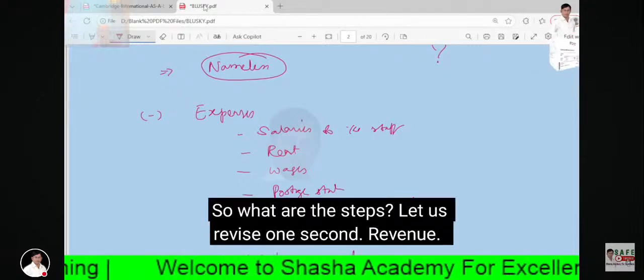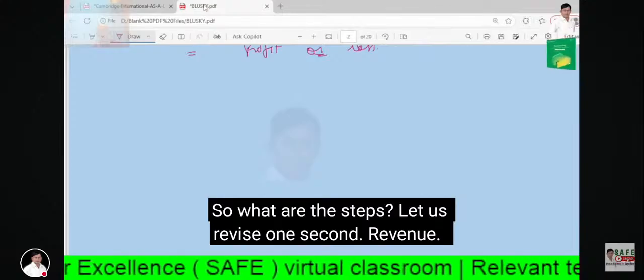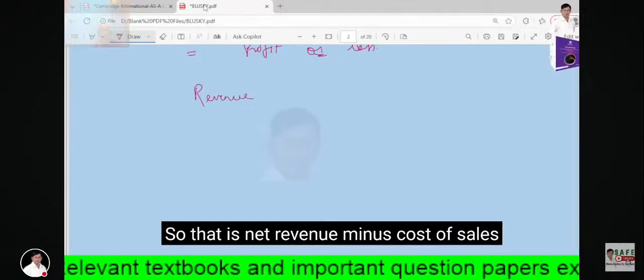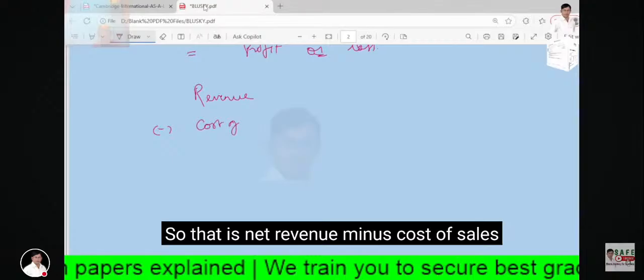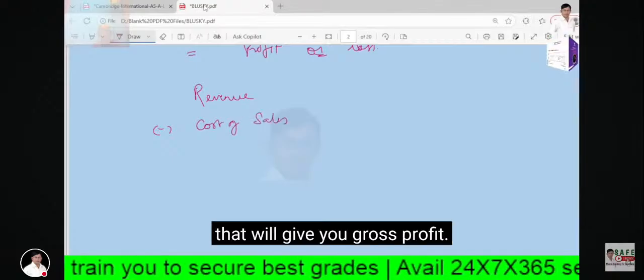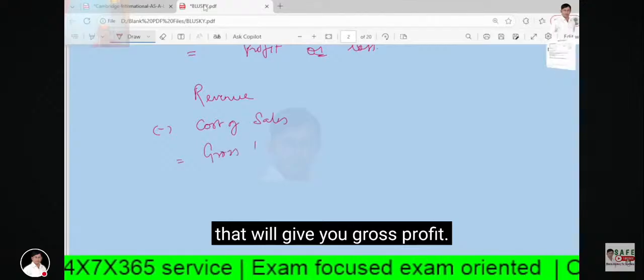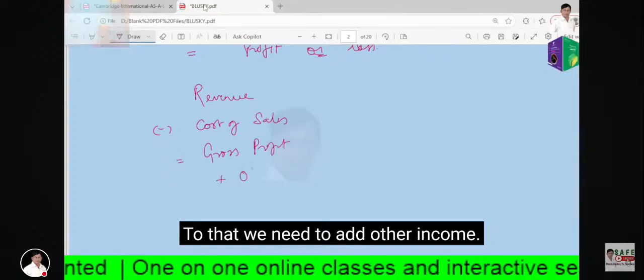So what are the steps? Let us revise once again. Revenue, that is net revenue, minus cost of sales will give you gross profit. To that we need to add other income.